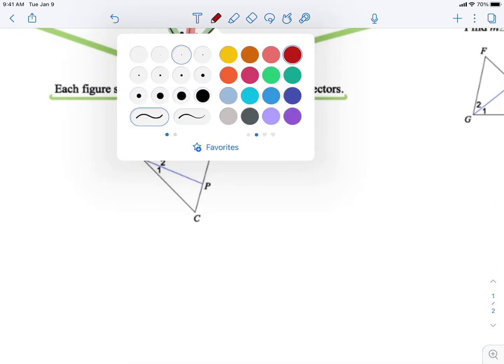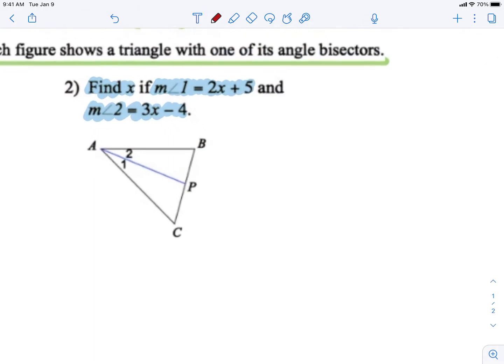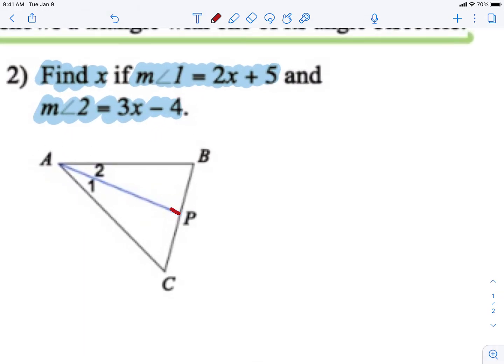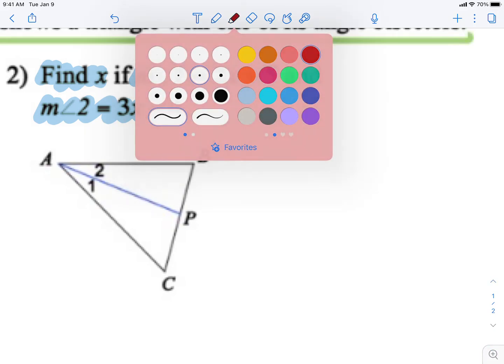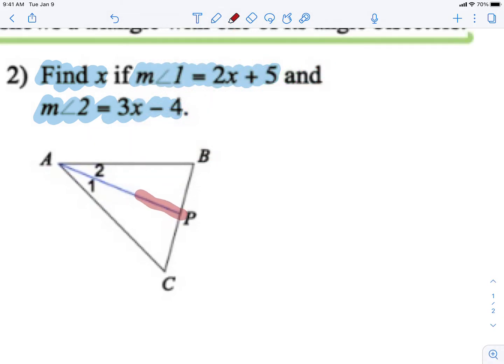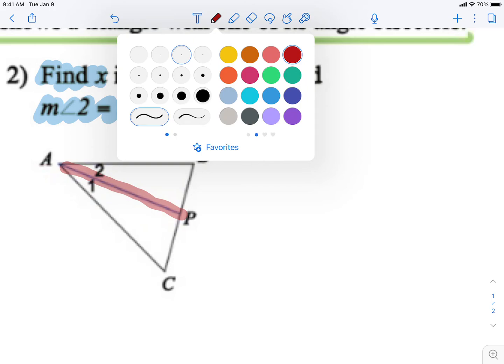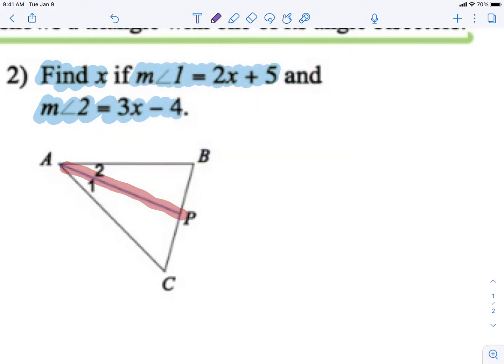So we know that this P right here, PA, split angle BAC into 2 equal parts, right? Where angle 1 was equal to angle 2.